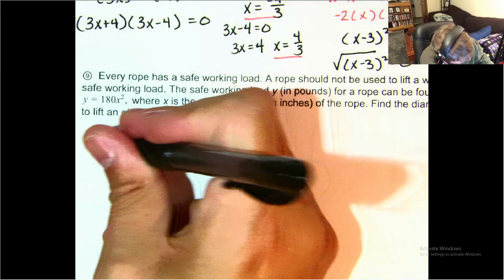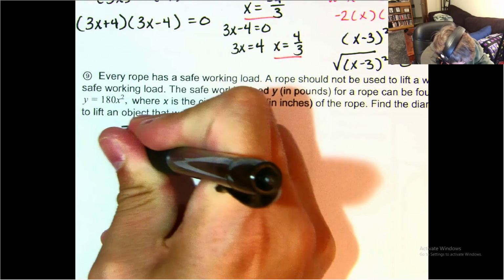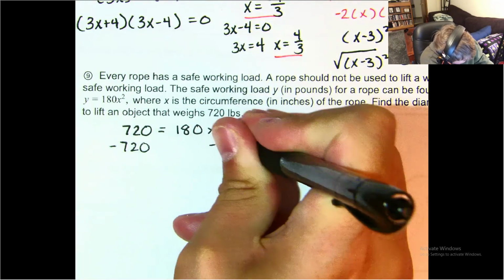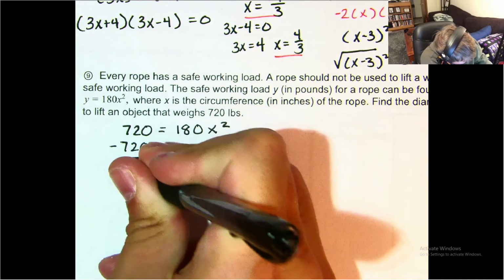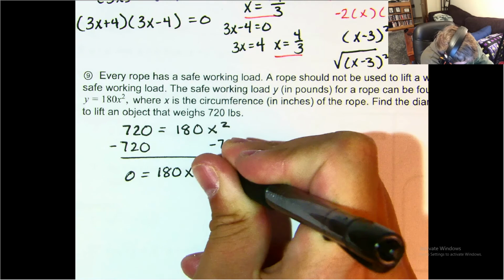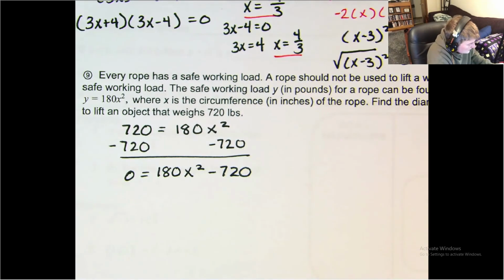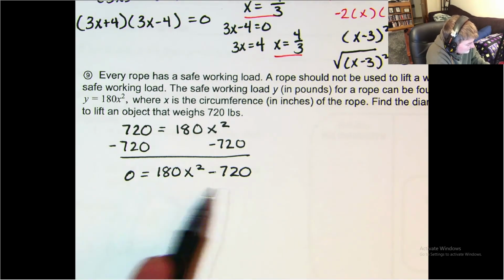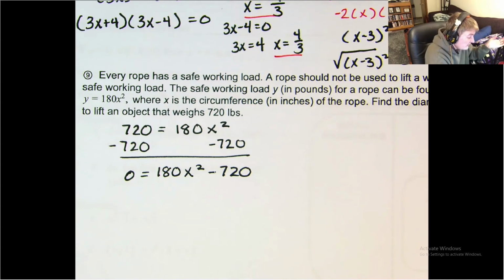So I want to set equal to 0. I'm going to get 0 is equal to 180x squared minus 720. I'm looking at this, and I'm saying there's got to be a greatest common factor there, and it turns out that that is going to be 180.